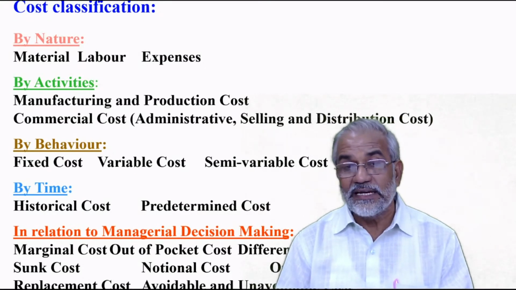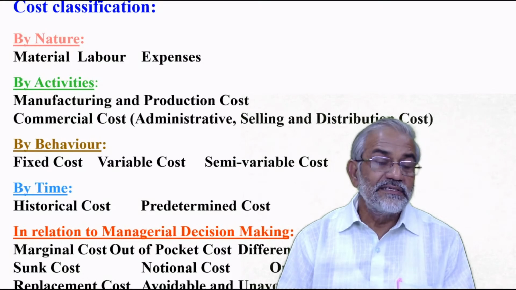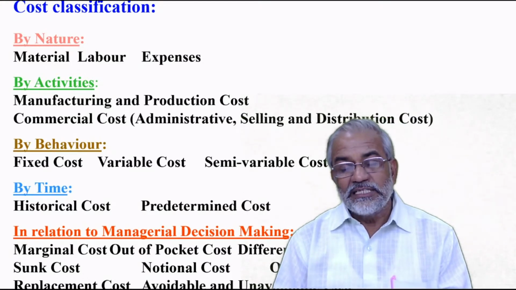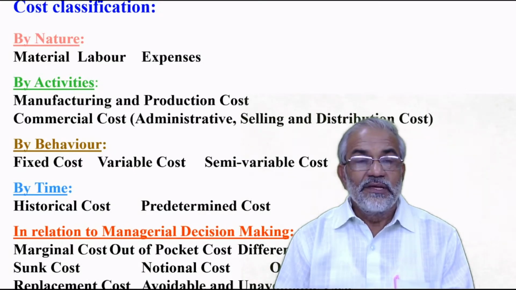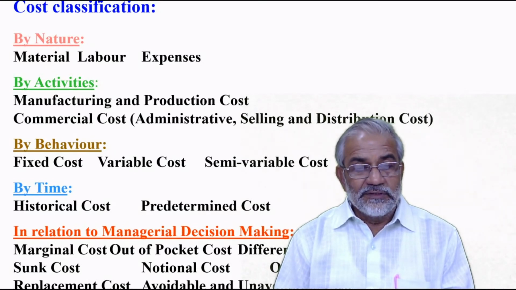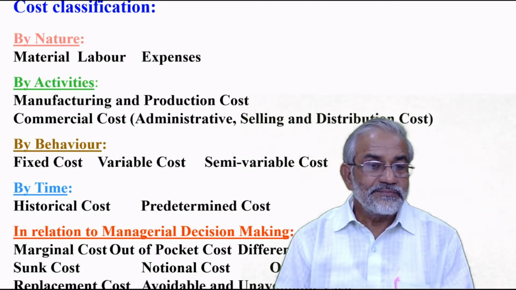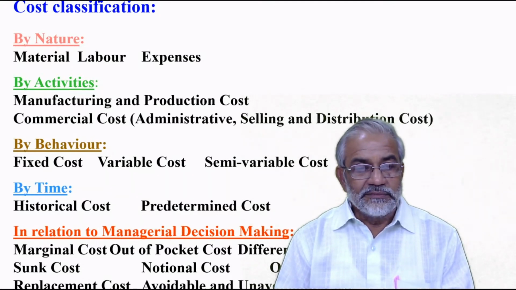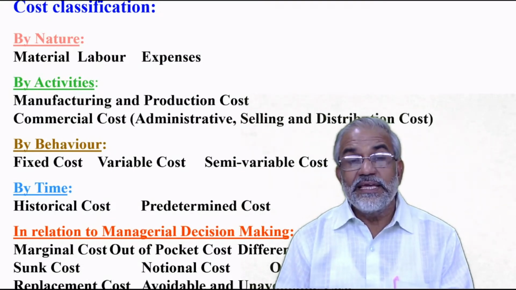Examples of indirect expenses would be the factory rent, the office rent, the establishment expenses, the insurance premium, the electricity charges. All these things will come under indirect expenses.